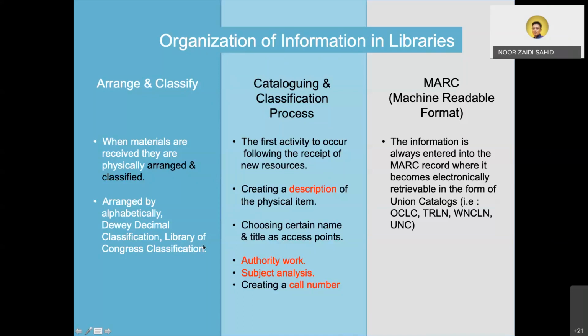DDC and LCC? You know the difference between these two, DDC and LCC? The difference no? Tak tahu? No. Pernah dengar tapi tak tahu. Okay, di Pita Puncak Perdana, dia gunakan yang mana? DDC or LCC?